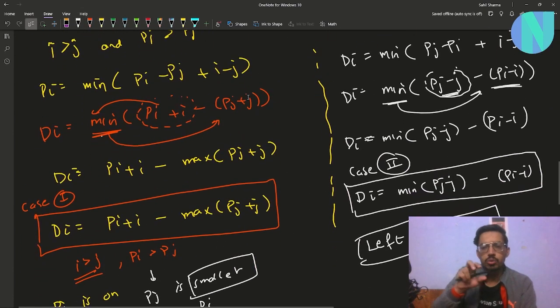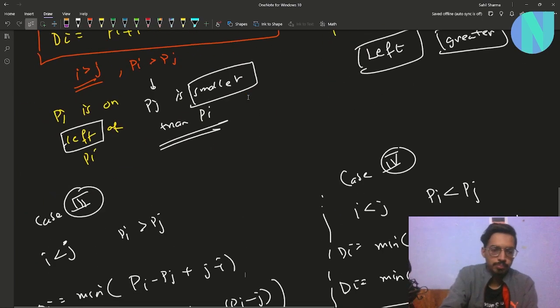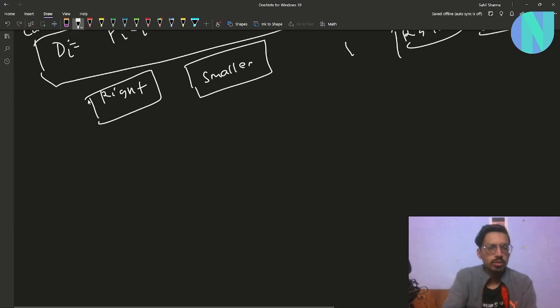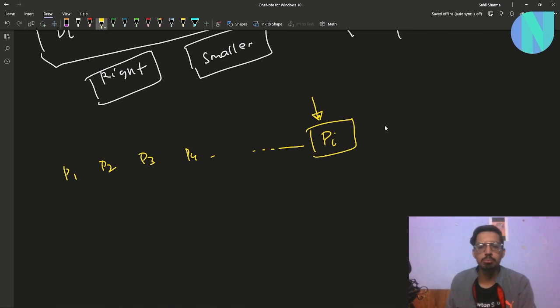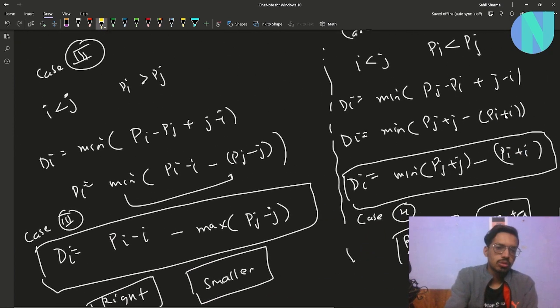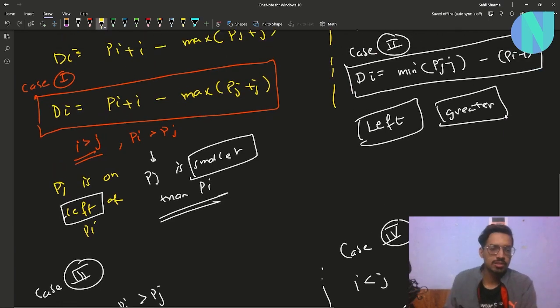So now we have 4 cases. Now let's try to write the permutation and see how we can solve for some index i. If I write the permutation, I will get p1, p2, p3, p4, and so on up to some element pi. I want to find the answer for this element pi, and so on I will move on to pn. So we have 2 cases for the left side, right?